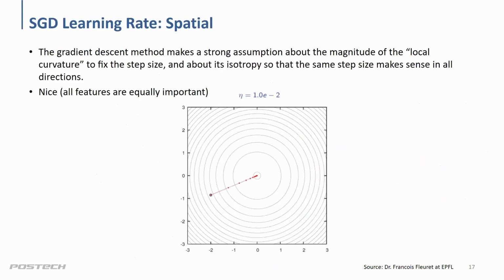So let's think about, suppose we have the same alpha. In that case, this one is isotropic, so the direction does not matter, and it's going to walk this way throughout the gradient descent updates.